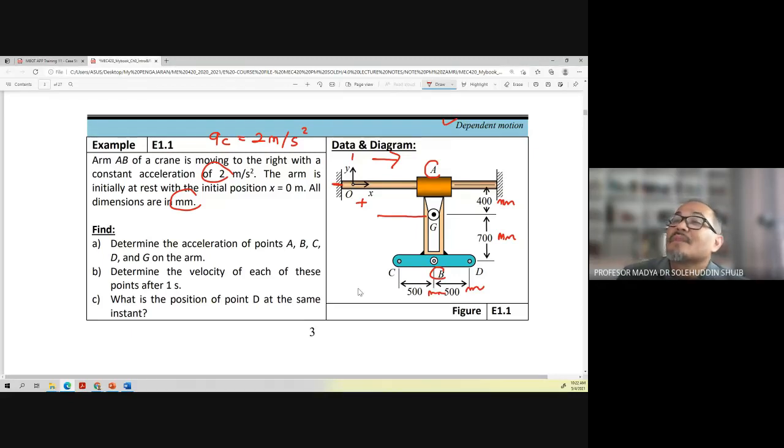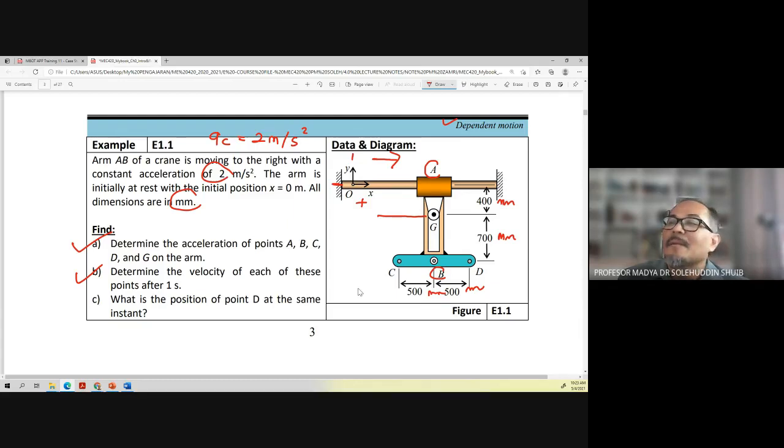First thing, question A, okay, asks you to find what will be the acceleration of point A, point B, point C, and point G. Okay, and then find the velocity of each of these points after 1 second. Okay, you need to find out the velocity of each of these after 1 second. To find acceleration, and then from there you can integrate acceleration, you can get velocity.